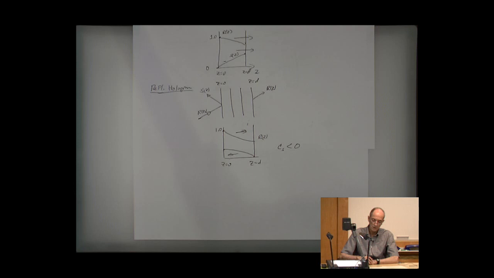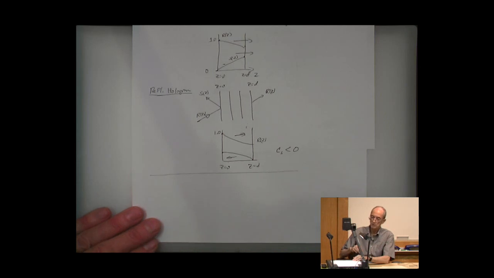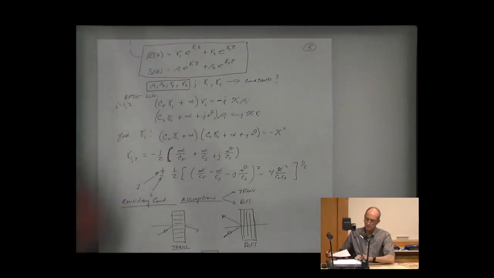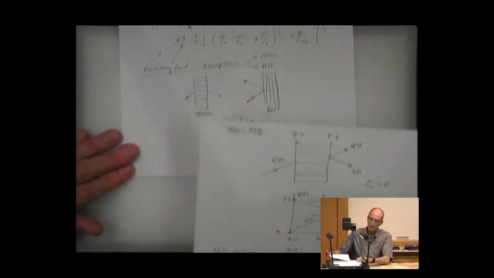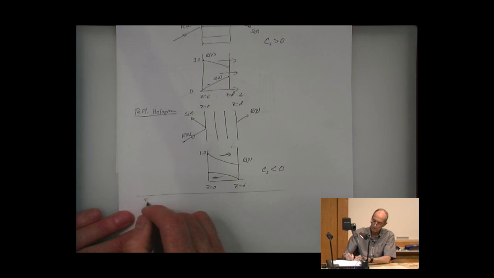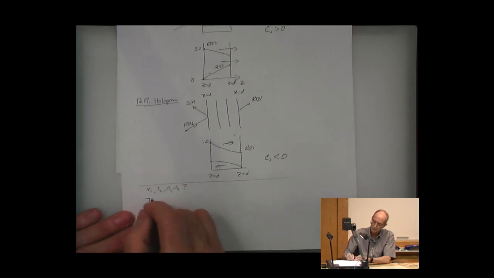Okay, so we have the boundary conditions, so let's use them and come up with a solution, again, that'll give us these values here that we need. All right, so again, we're looking for R1, R2, S1, and S2. All right, so let's do this for the transmission case.